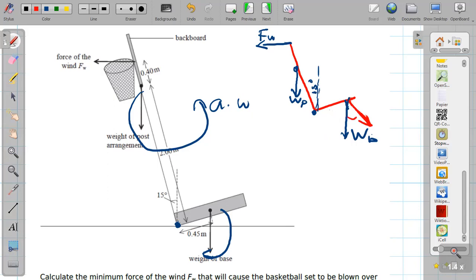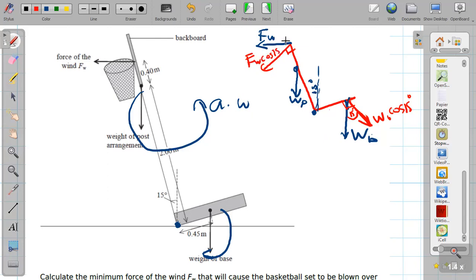So this angle is also going to be 15, isn't that? Yeah. Right. This one is what now? WB. WB what? Cos 15. Can you understand? In this part, again, the perpendicular component FW cos 15 again.